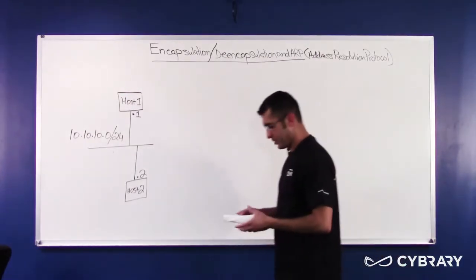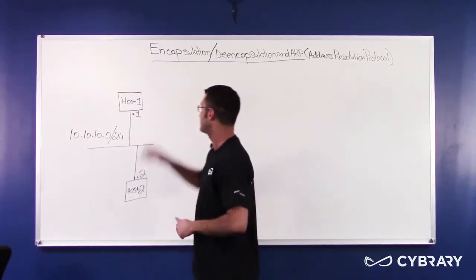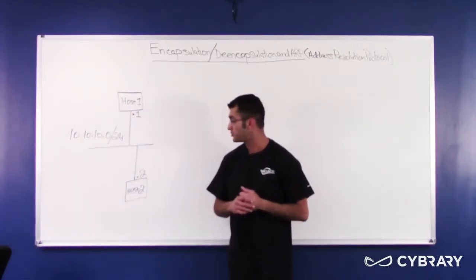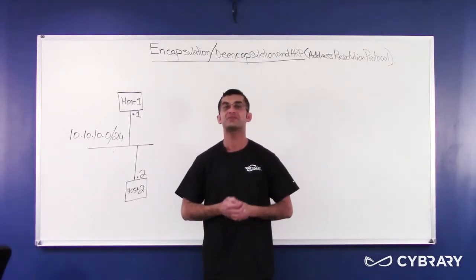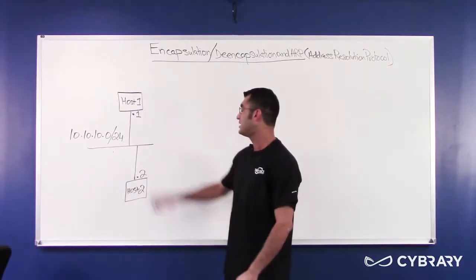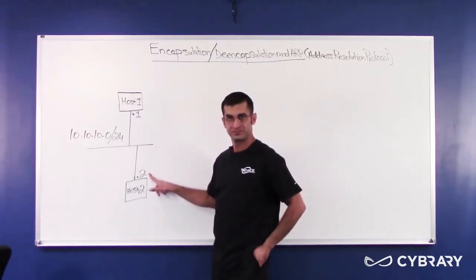Host 1 wants to ping host 2. Does host 1 know its own IP address? Yes. Does host 1 know host 2's IP address? Yes. So host 1 creates a packet with the source IP 10.10.10.1 and destination IP 10.10.10.2.